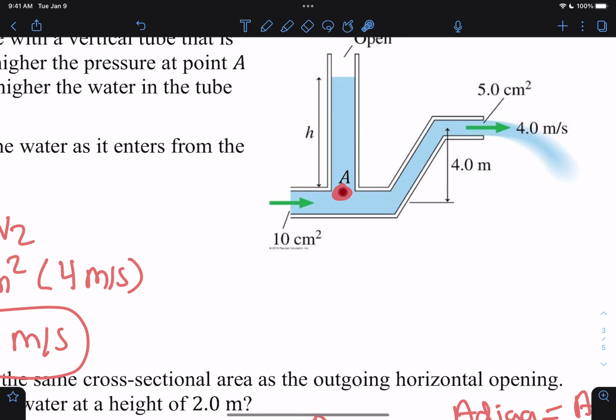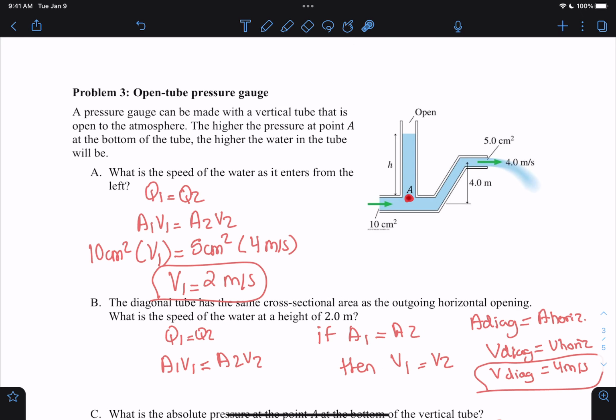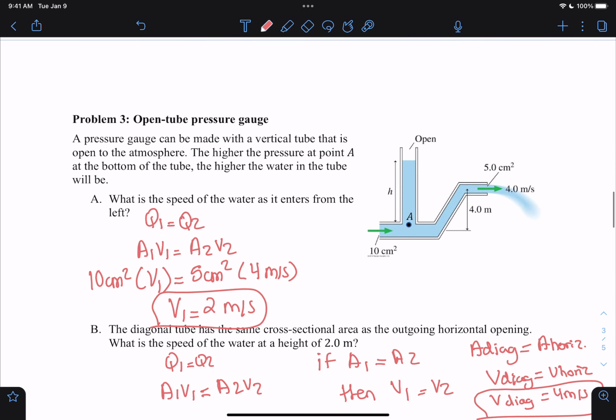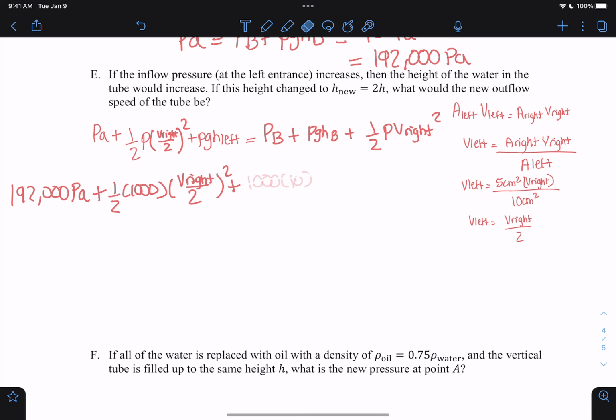What is that height going to be at point A? 0, right? So if that's 0, then this H here goes to 0. So we don't even have to write it down.